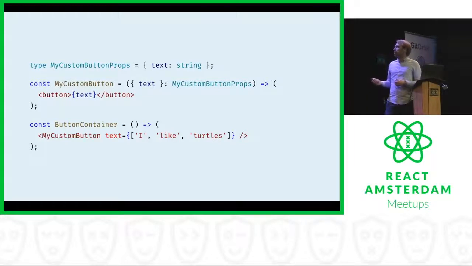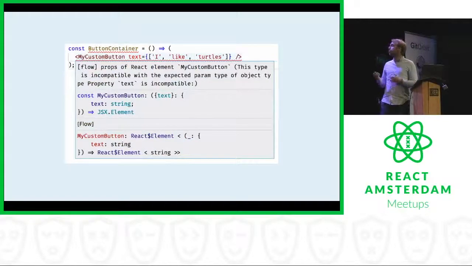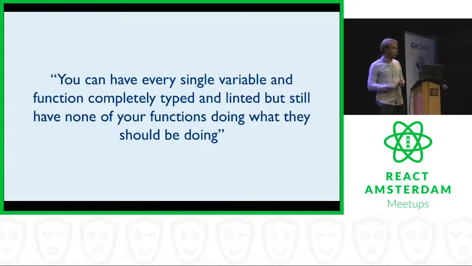But what happens here, someone, or me, is using the component somewhere and is not passing a string, but is passing an array, which would cause some kind of error. But Flow or TypeScript would be able to catch that error and tell you even already in the development workflow that, hey, we're expecting a string, but you're passing an object, or array in this case. Go fix it.